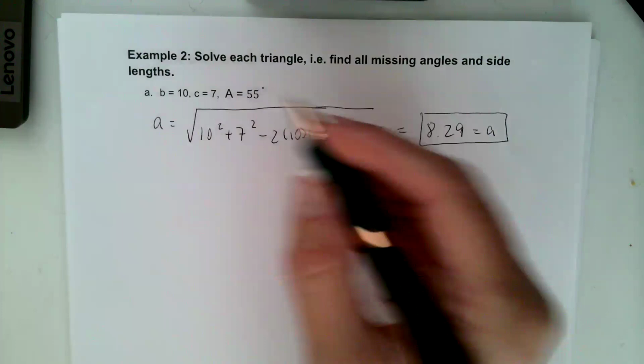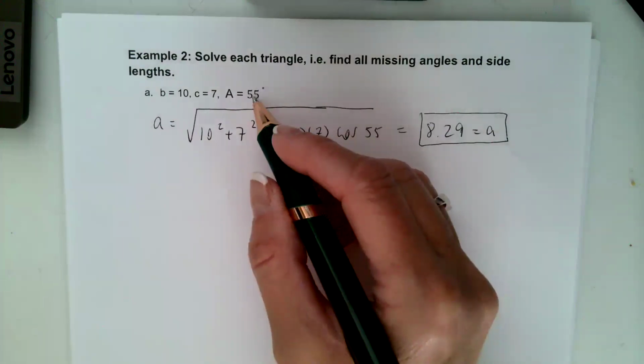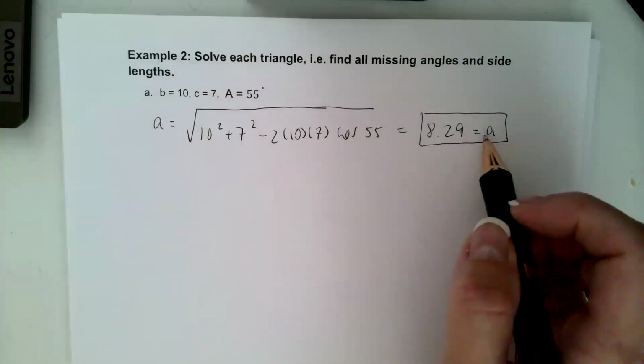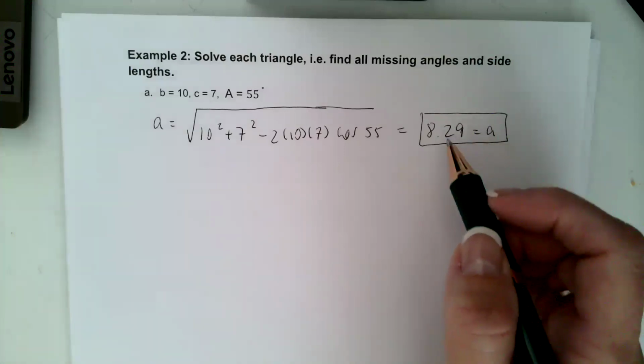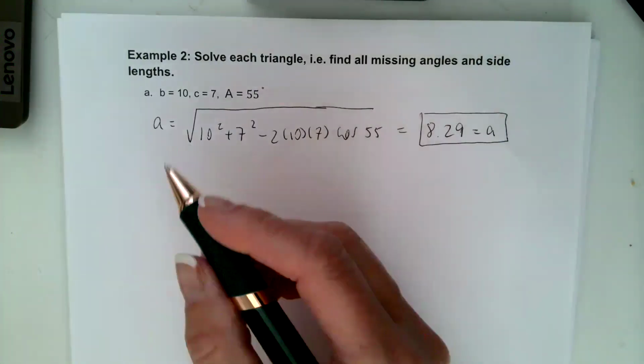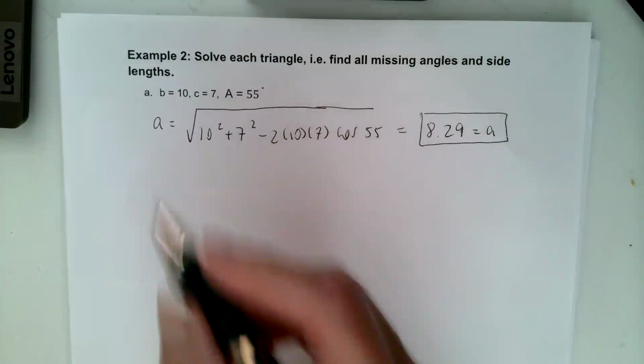Okay, so we know one angle, we know angle 55. Now that we know side A, we can use our law of sines to find the other angles.